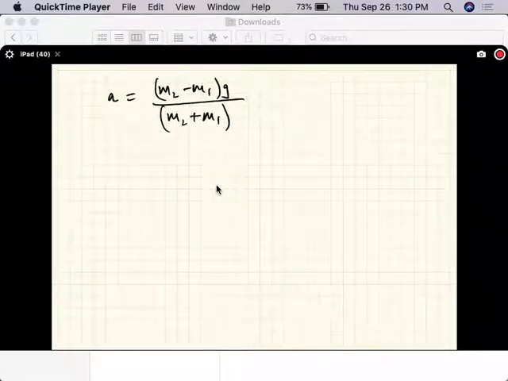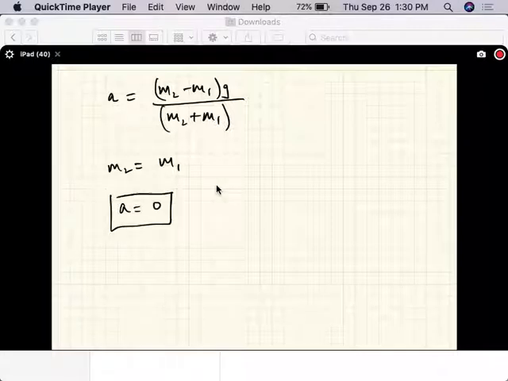For M2 equal to M1, the acceleration is 0.